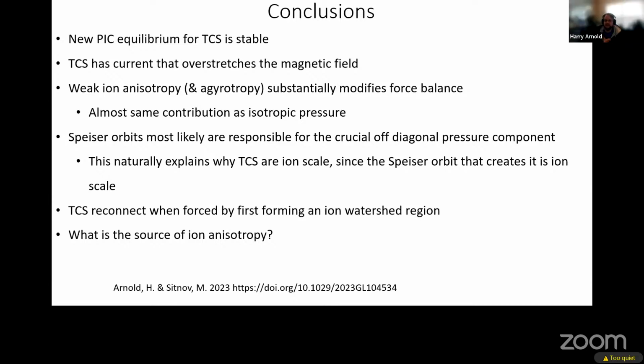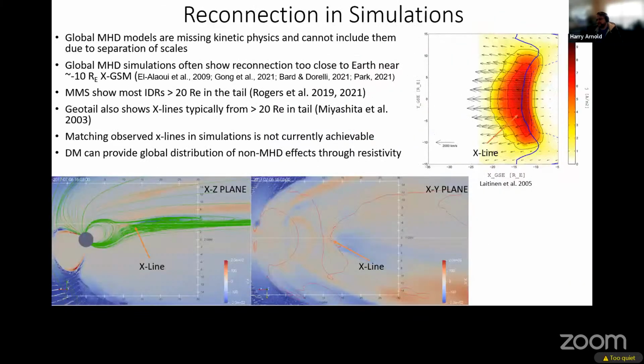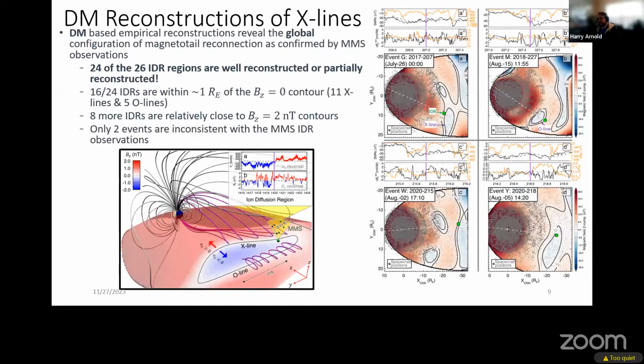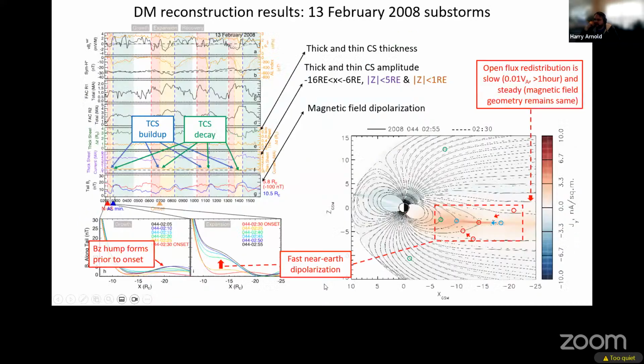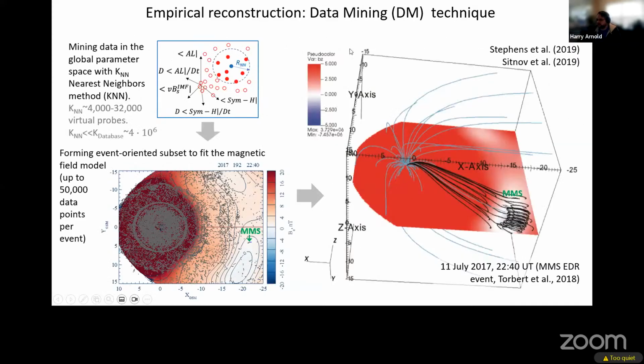That is a really interesting question. I'm sure Misha probably has a better answer than I do, but I don't think it's been looked at specifically. It wouldn't surprise me if it depends on the state of the magnetosphere.